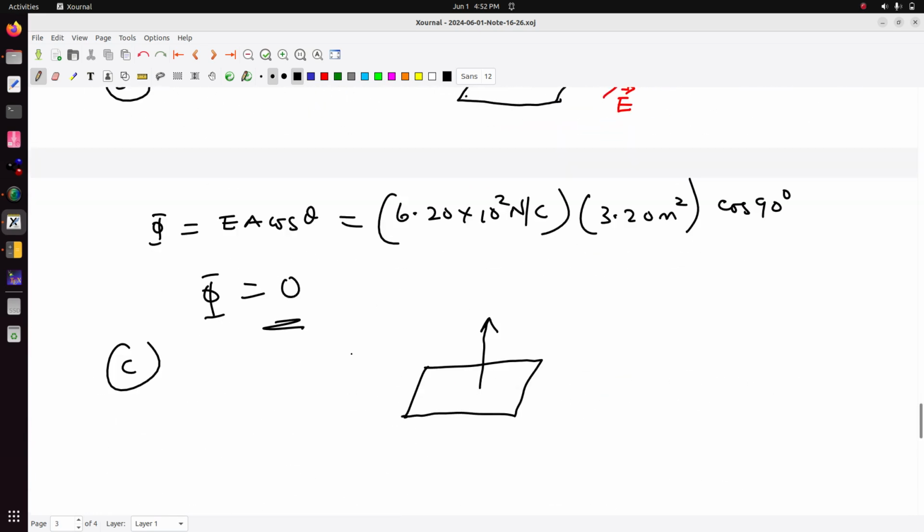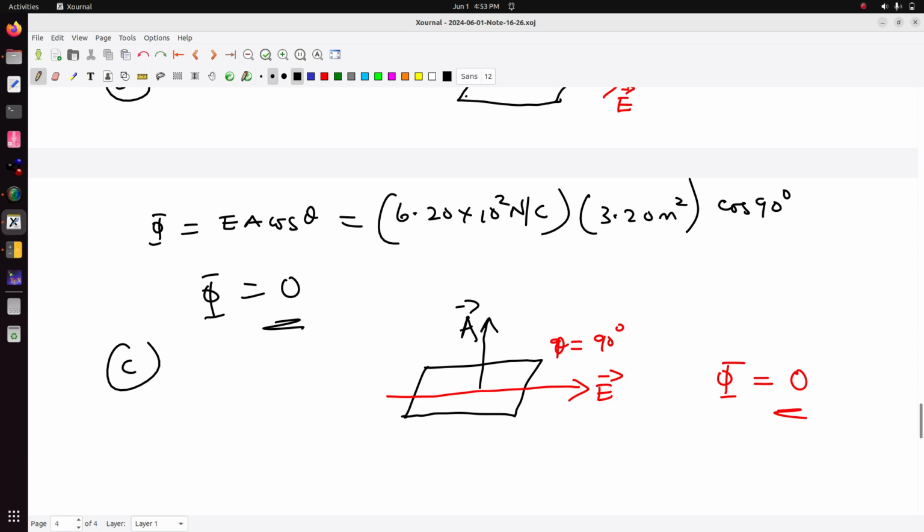So the electric field is going to be like this, perpendicular. So this is the electric field direction, and the angle theta is going to be 90 degrees. And in that case, the electric flux will also be 0. So this is the area vector A. The area vector A is perpendicular to the electric field.